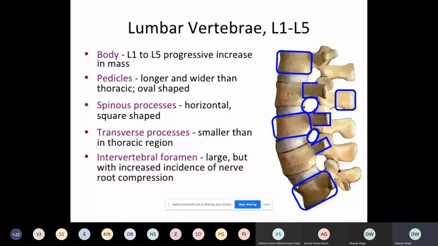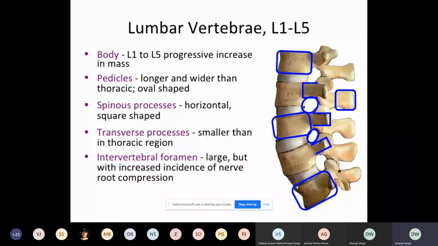When I compare the thoracic vertebrae and the lumbar vertebrae, as a point of pedicle, these pedicles are wider and longer, and these are oval in shape. Now, regarding the spinous process of lumbar vertebrae, this is horizontal and square shaped.